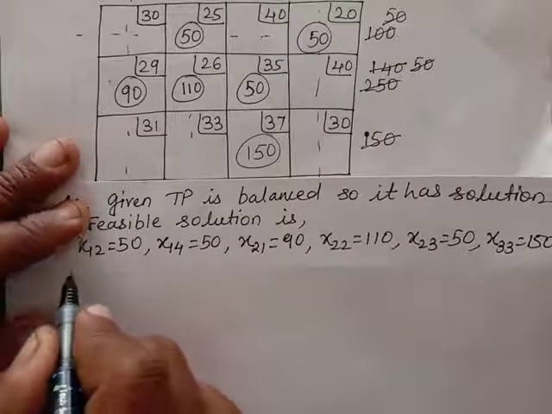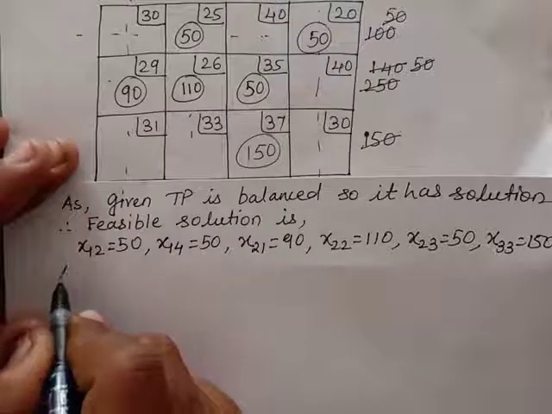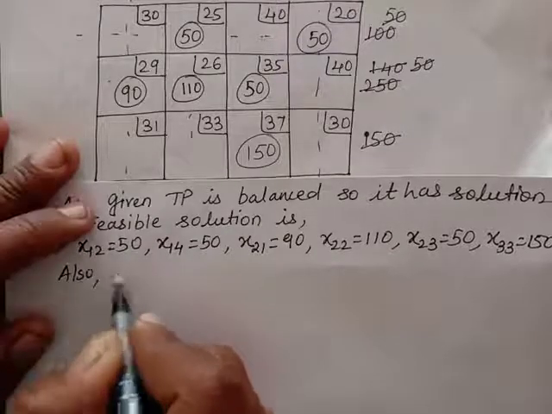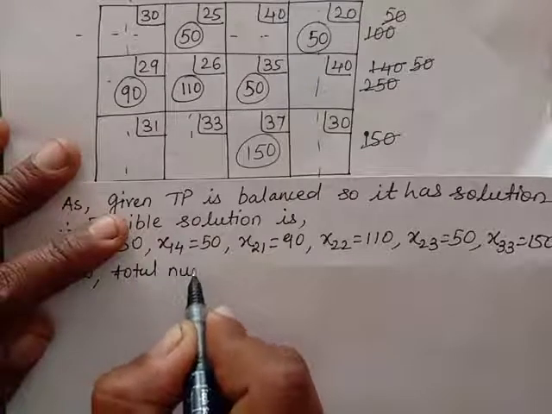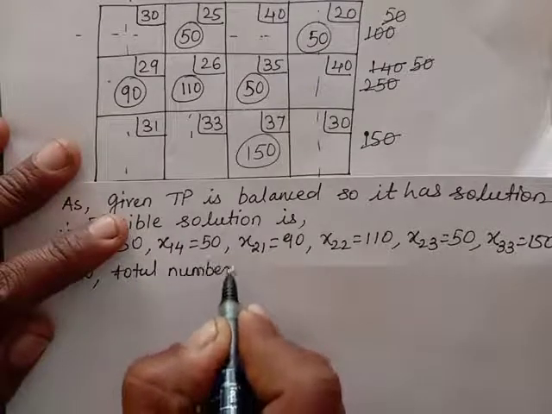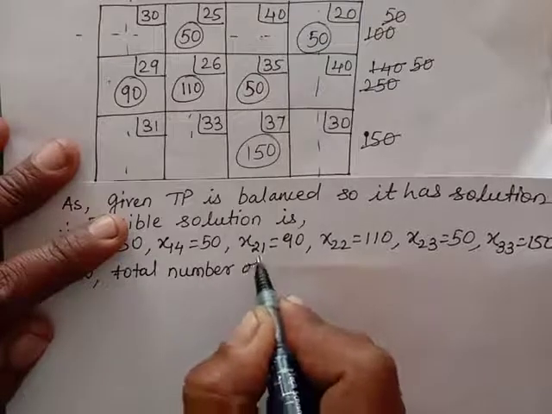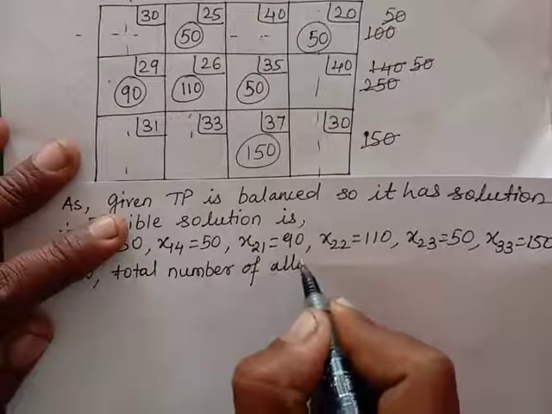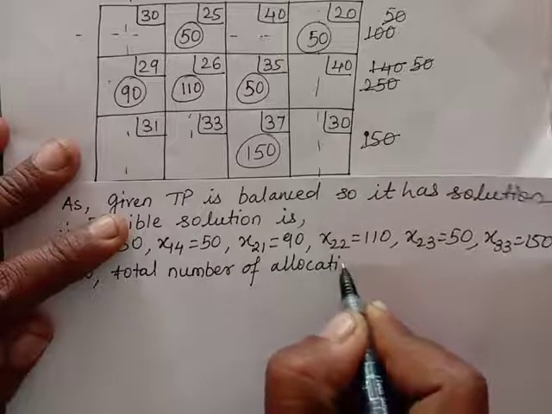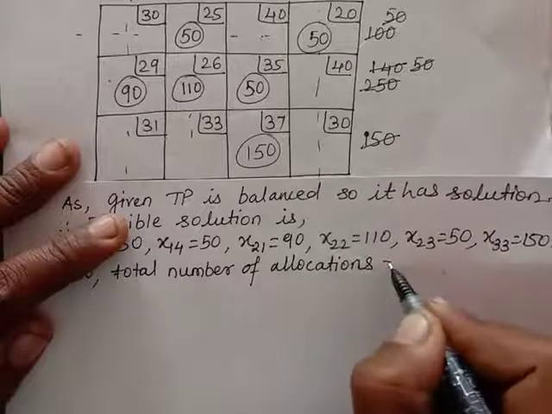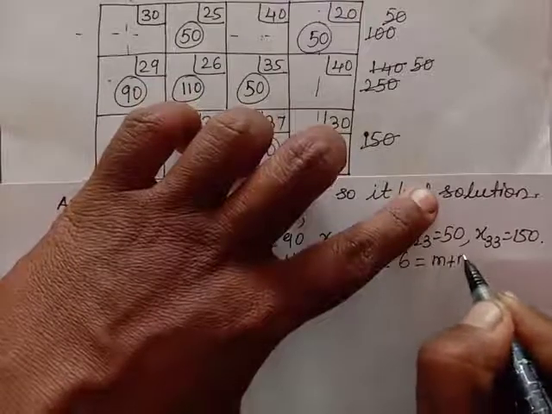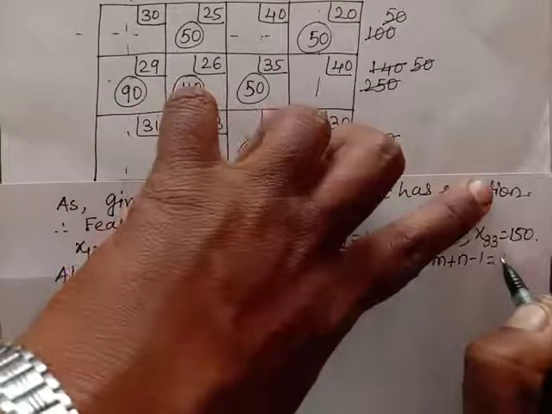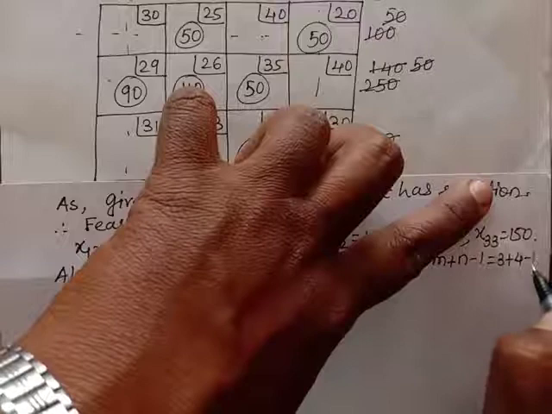Now here further we also write the total number of allocations equal to 6, and that is equal to m plus n minus 1, that is 3 plus 4 minus 1.